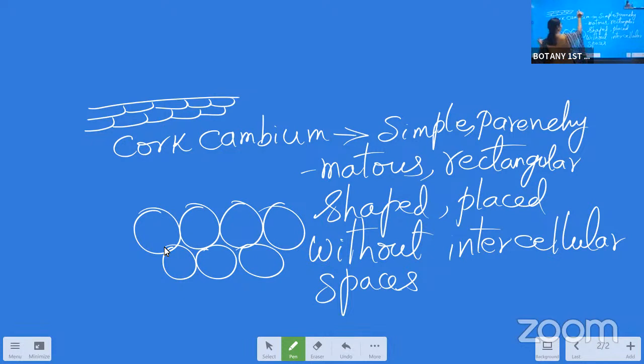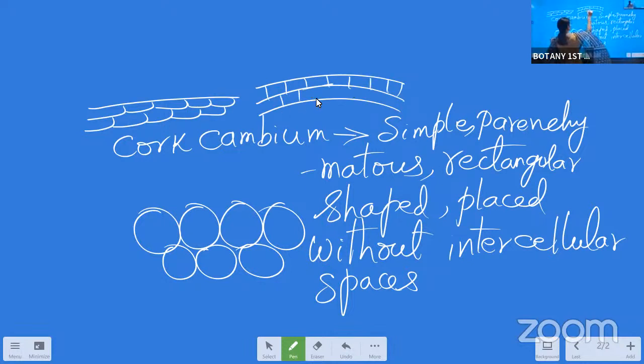Otherwise, we can simply draw the cambium like this also. Whenever we are drawing like this, the cells do not have any intercellular spaces, and they are somewhat thin walled and thin cells only, not occupying a very large area. Like that only we have to draw the cells in the cambium.